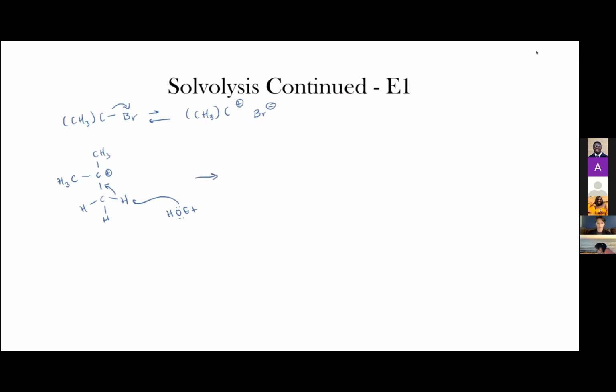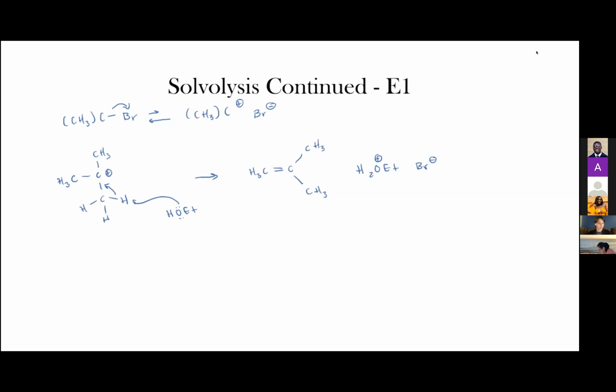Okay, and so we get the product as this. Any questions on this? Okay, so again, we used the polar protic solvent. You get the carbocation formation, and the solvent then reacts with a beta hydrogen to form the alkene.